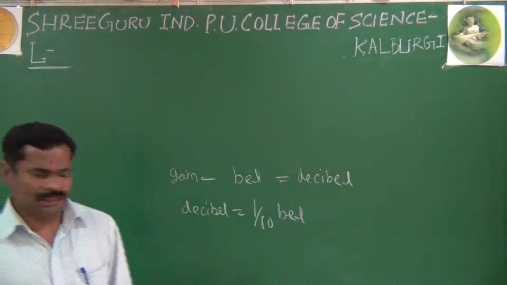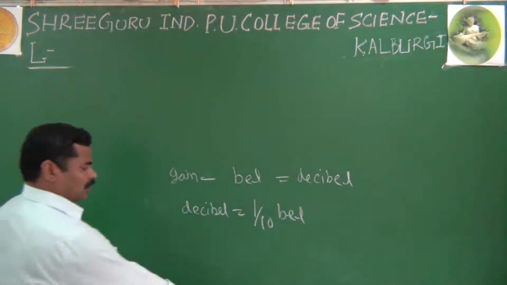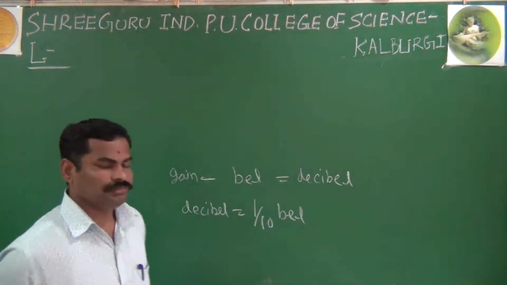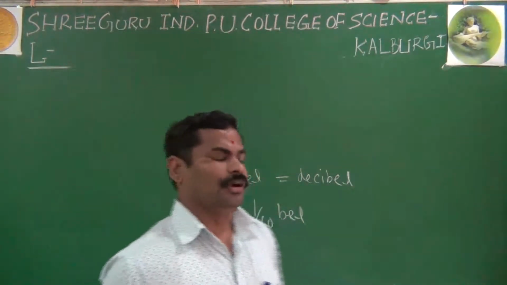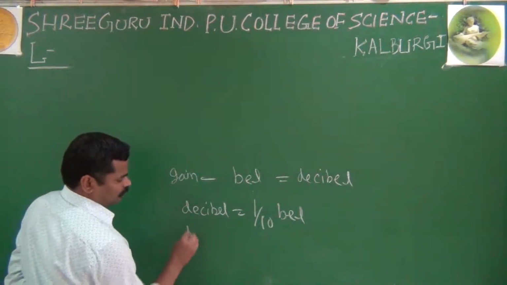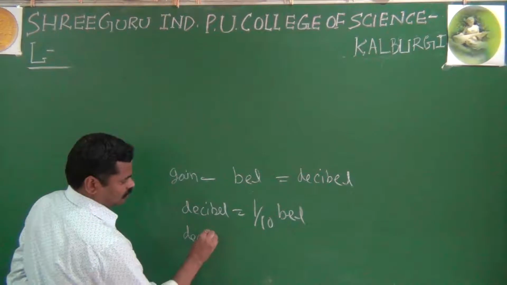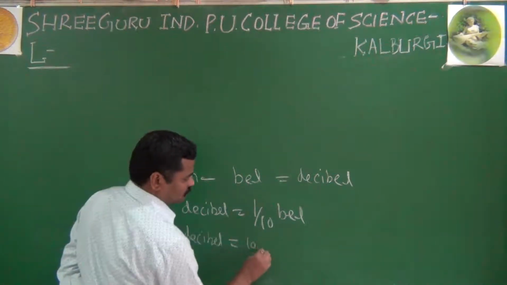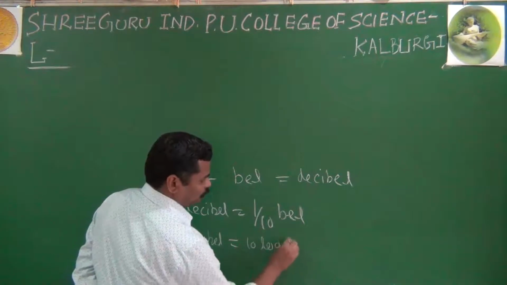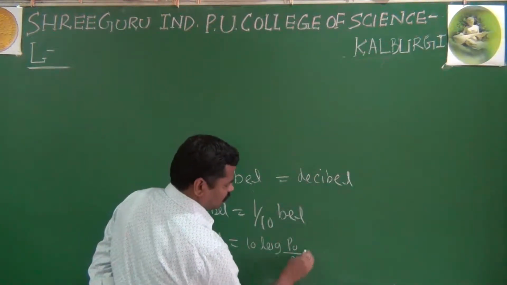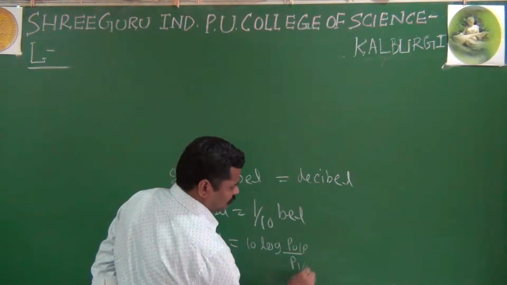Especially if you want to mention the decibel in power gain, decibel is equal to 10 log P naught by PI, that is output power to input power.